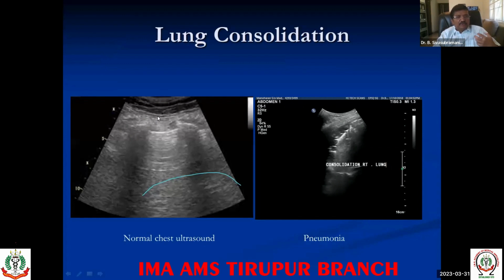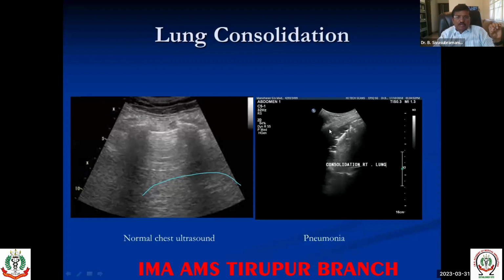So in case of infection or pneumonia, what happens is the lung is filled with fluid or exudate. And within that exudate, the terminal bronchi will have air. So you will get this typical appearance, the air-containing bronchiole appearing bright with artifacts. Because of this air within the bronchi, there is a reverberation artifact, and the fluid-filled lung appears black.